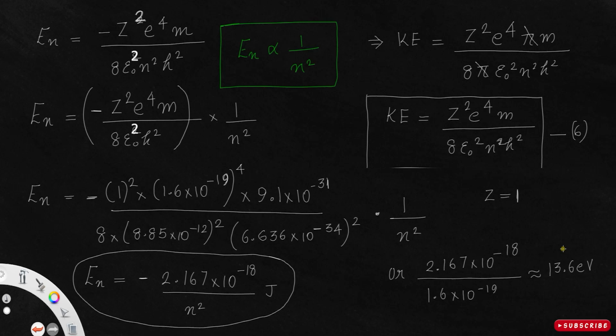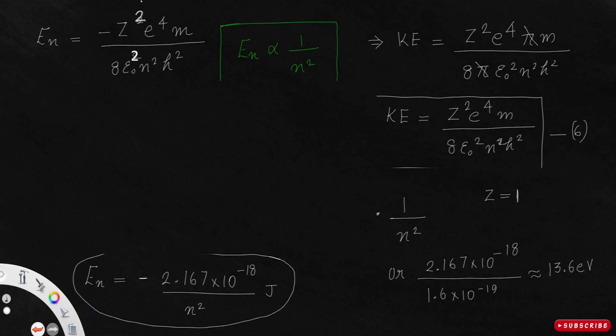So we generally write this expression in terms of electron volt. The final expression of the energy in the nth orbit is En equal to minus 13.6 by n square electron volt.